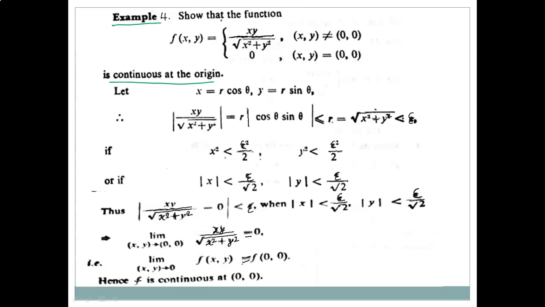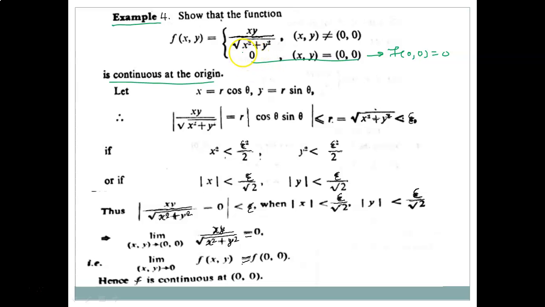So if you proceed as usual, when you approach the origin along the x-axis, then you put y equal to 0, so the value comes out to be 0. When you approach along the y-axis, then the value is again 0, and f(0,0) is 0.